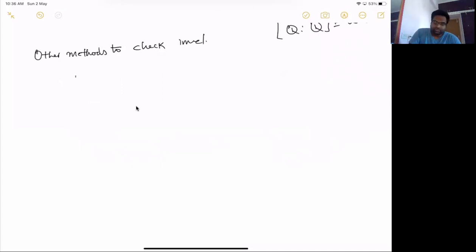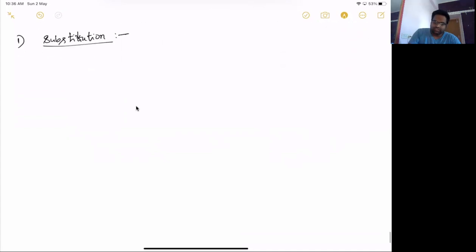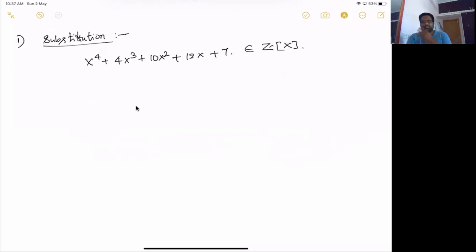This is by means of substitution. Suppose you have a polynomial of this kind, x to the power of 4 plus 4x cubed plus 10x squared plus 12x plus 7. Now we want to decide whether this is reducible in Z[x] or Q[x], it's the same thing by Gauss's lemma.